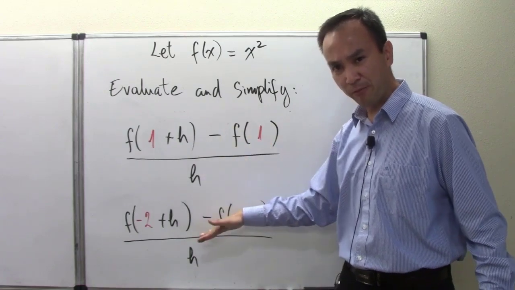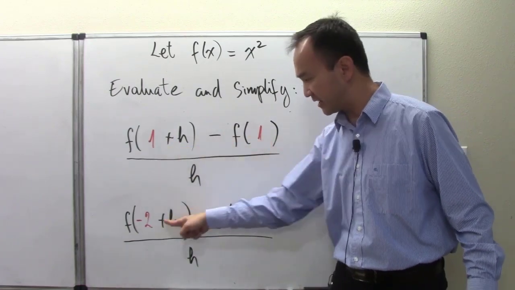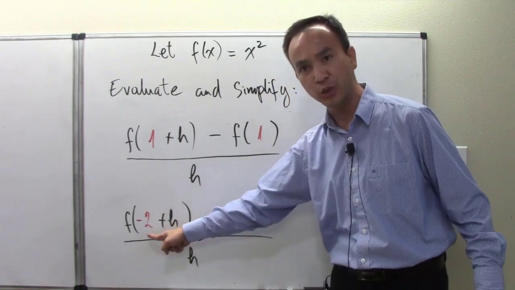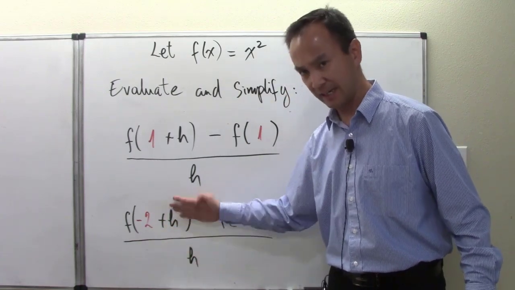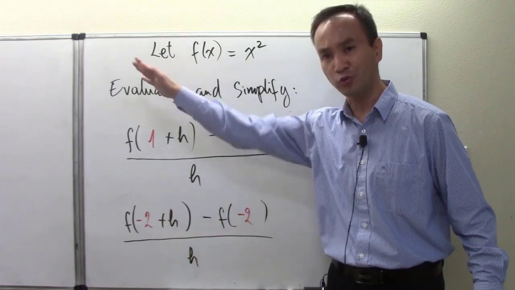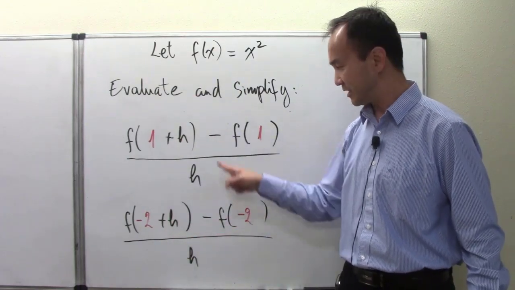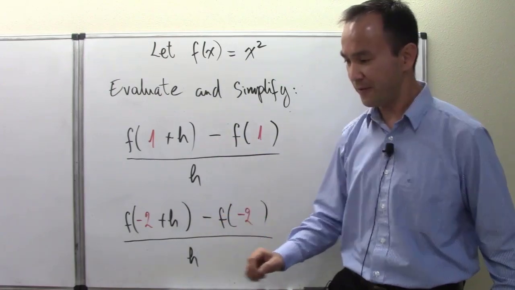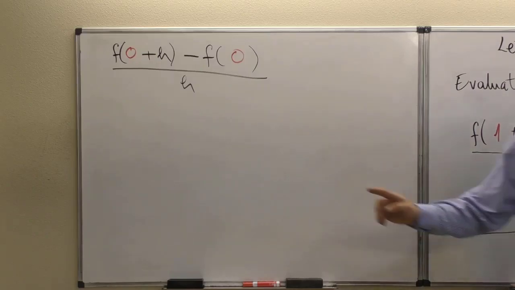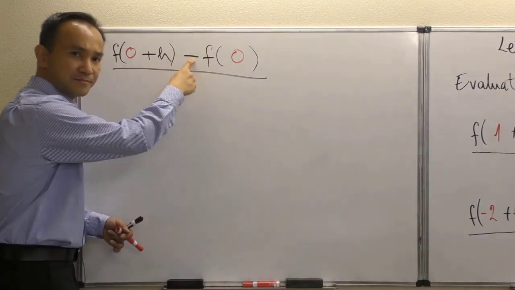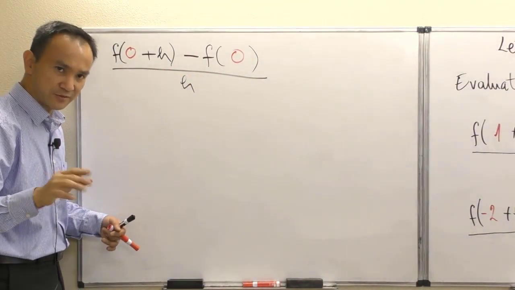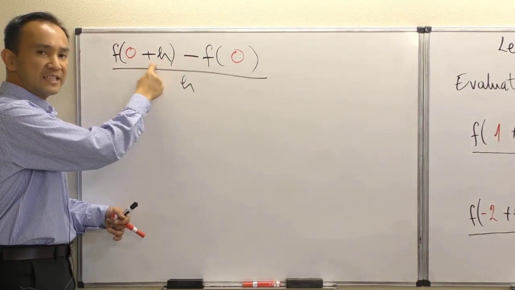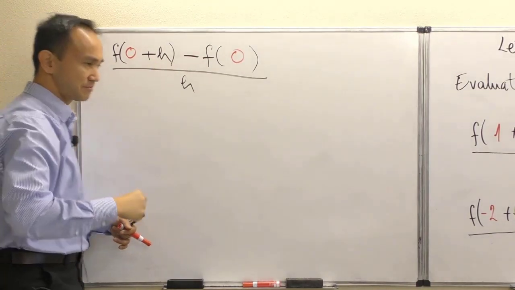In a different problem, that red ink can be switched to a different value, but it is again repeated among the two terms. The black ink is the part that is common throughout all three problems. So there's a difference, and that's the black ink part right there. Based on the function f, one term has that expression plus h.